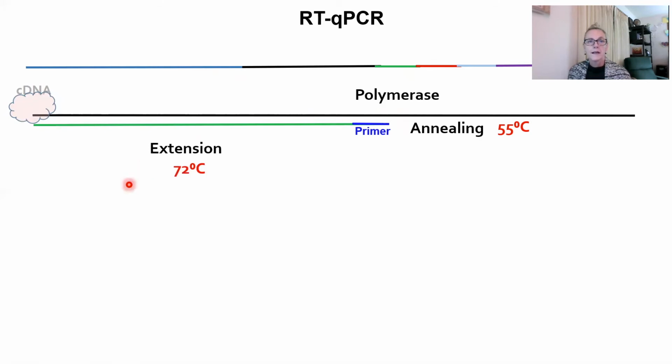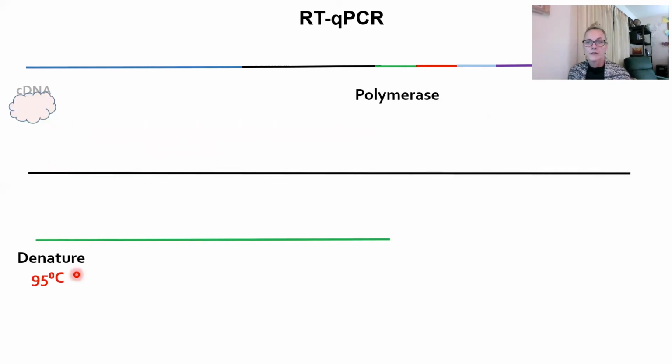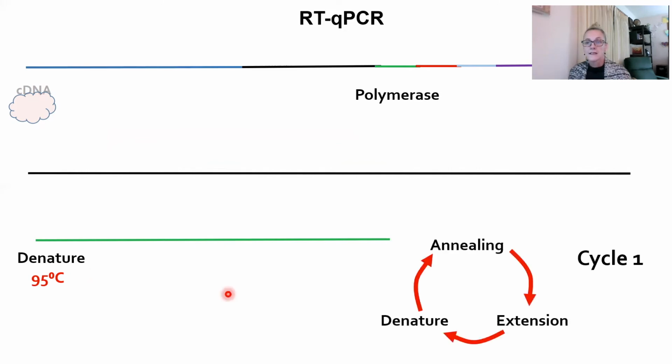Then we separate these two strands, or denature them, at yet a higher temperature. This is called a cycle. We have subsequent cycles of annealing, extension, and denaturing, each time amplifying the template even more. In general, when we do RT-PCR, we do about 40 cycles.